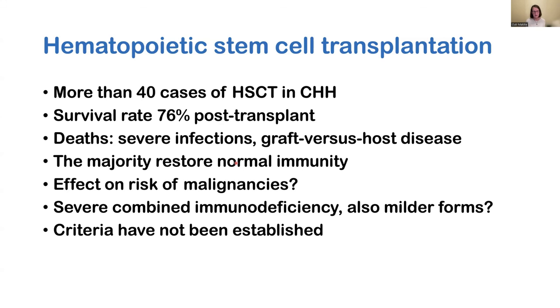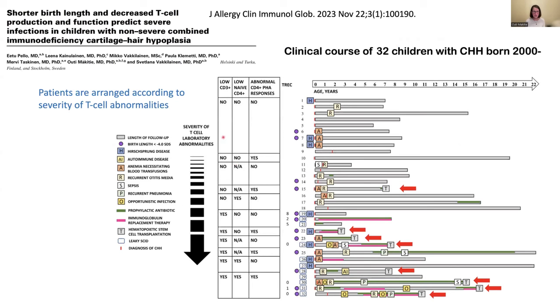There needs to be some kind of international consensus of criteria for these transplantations. I showed this figure, but here I would like to point out that quite many of our patients have been transplanted now. The red arrows indicate it's especially these patients with severe T-cell problems that have been transplanted.